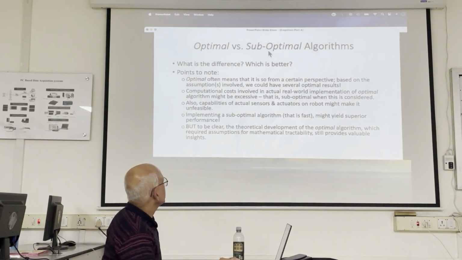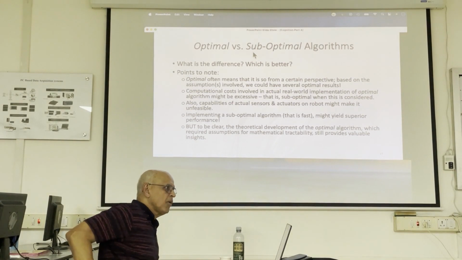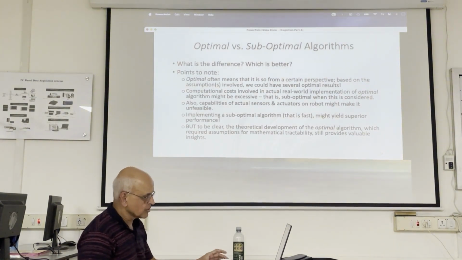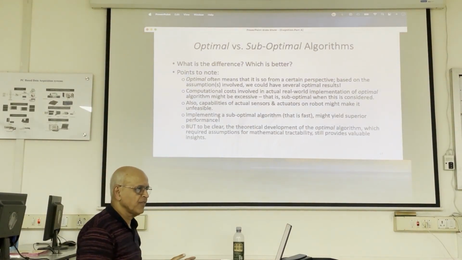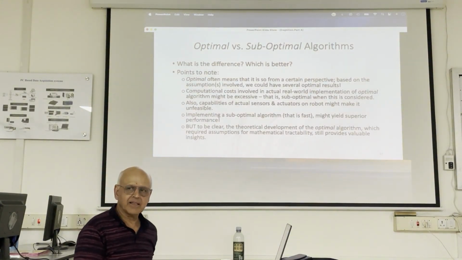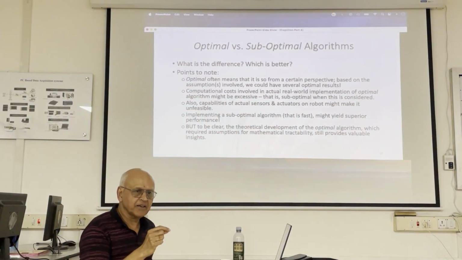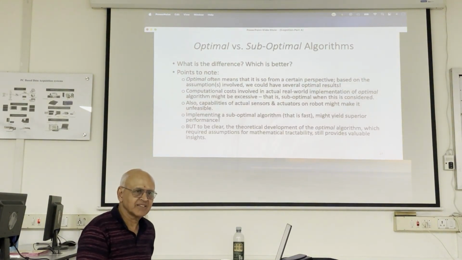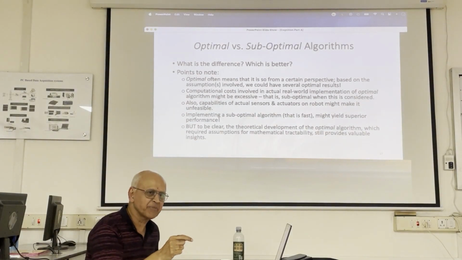So just a word about this, because this actually transcends just robotics. This is very important because when I was a student, when people threw the word optimal at you, you thought of it as the word of God, that nothing can beat it. But every optimal algorithm is attached to the conditions under which the problem was defined. So the next question you should ask is, what did you assume for the problem?